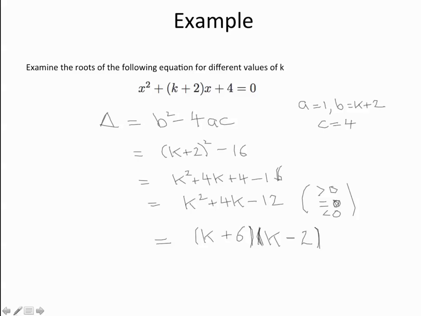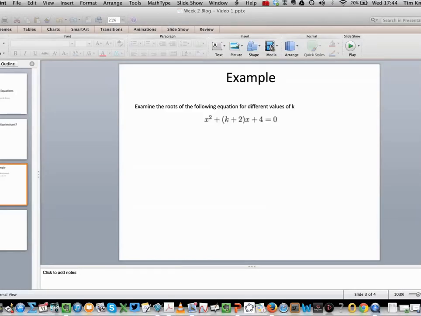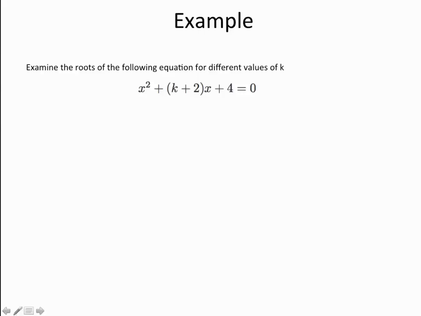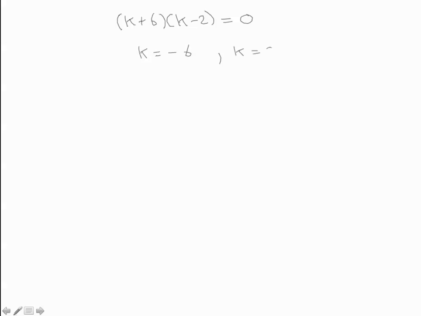Question now is, first of all, let's do the easier problem. The easier problem is looking at when (k plus 6) times (k minus 2) equals 0. So let's figure this one out first. And we get a nice answer: k equals negative 6 and k equals plus 2.